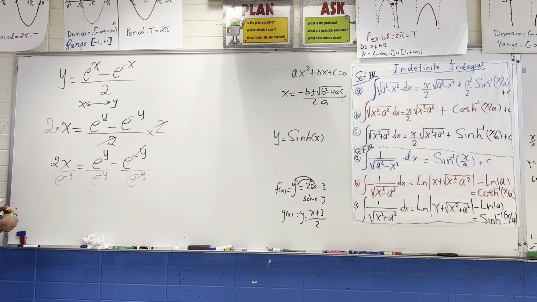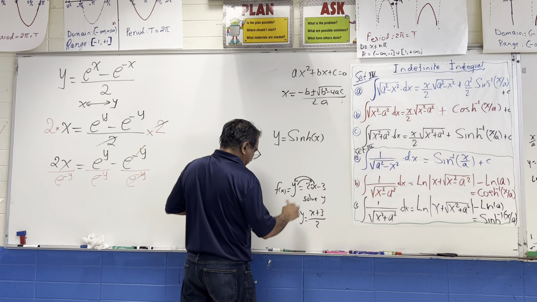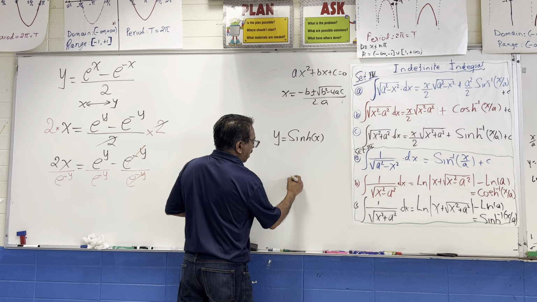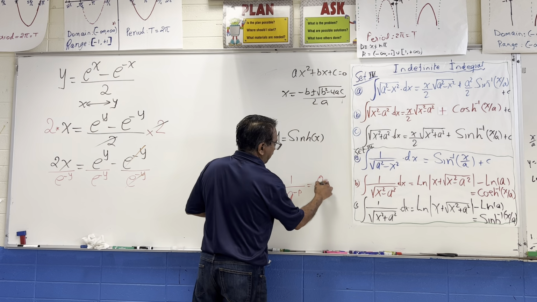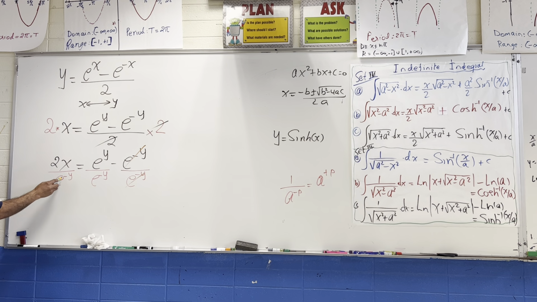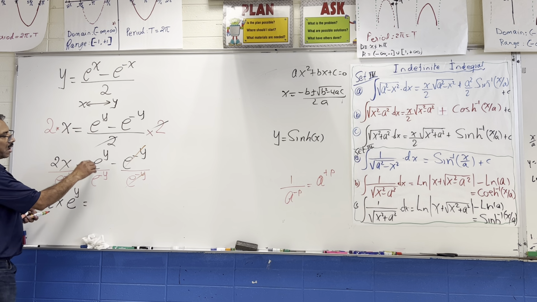At the same time, we will use the negative exponent property. If we have a raised to minus b, by the laws of exponents it is 1 over a raised to plus b. So this is what we'll do here. This is e raised to minus 1, so e raised to y will go up in the numerator.